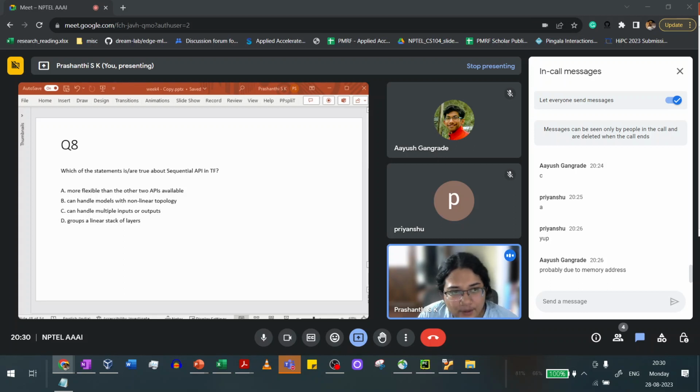So a lot of these concepts may be very abstract, right? The simplest thing you can do is to try out some of the code snippets that are discussed in class using the sequential API and functional API, and that will give you a lot more clarity. C maybe, okay, can handle multiple inputs or outputs, okay. Anyone else?